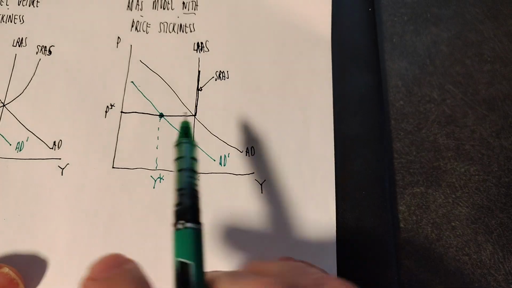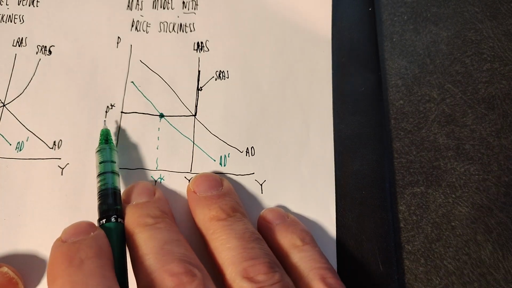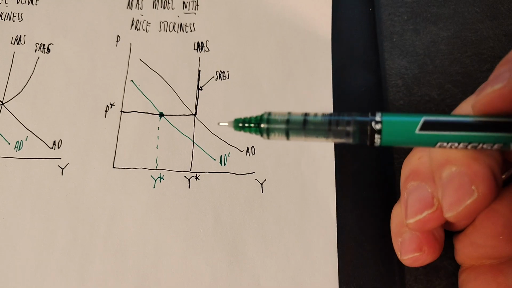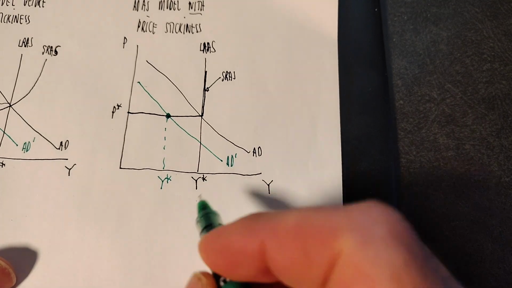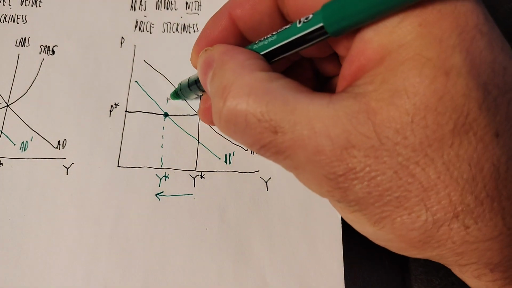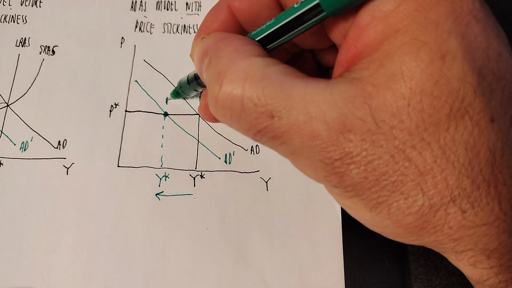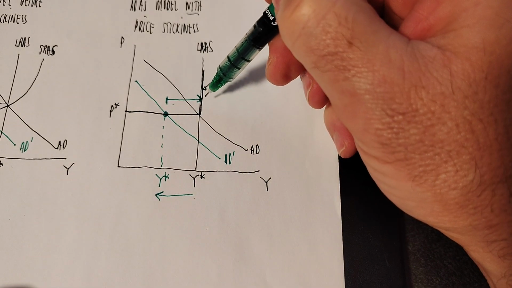Here, there's less demand, but prices are still high. They're still the same. So you're not going to get nearly as many people wanting to buy things as you were before, and now you get a big amplified decrease in output. And of course, like we say, unemployment resides between equilibrium and the long run aggregate supply curve.